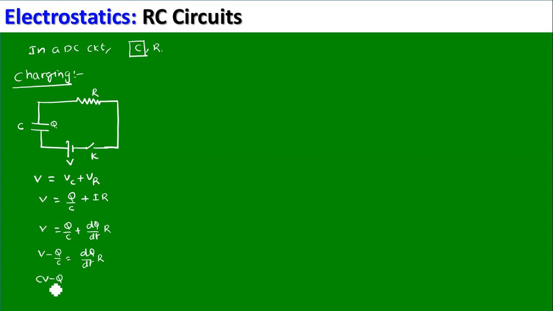CV minus Q by C is equal to dQ by dt into R. Let me separate all the key variables to one side and all the remaining variables to another side. So here dQ divided by CV minus Q should be equal to dt by RC, isn't it?